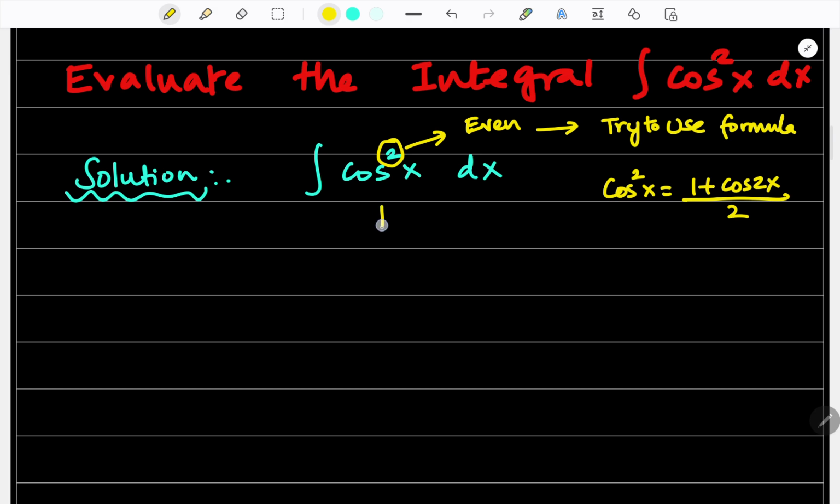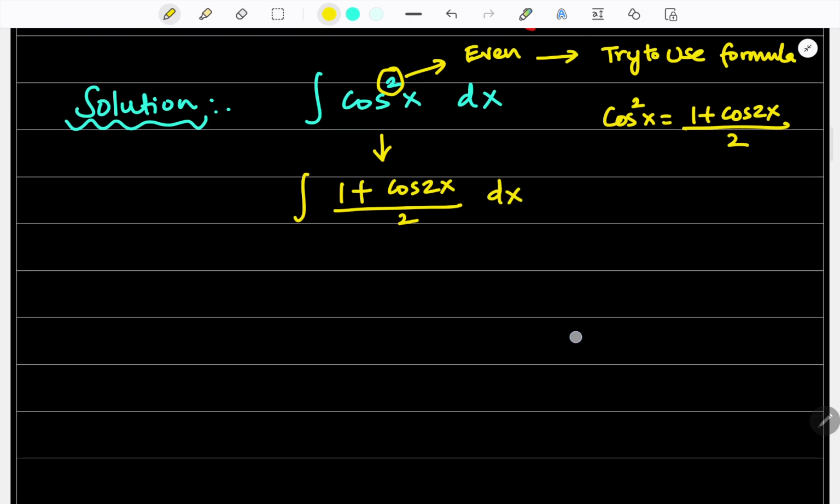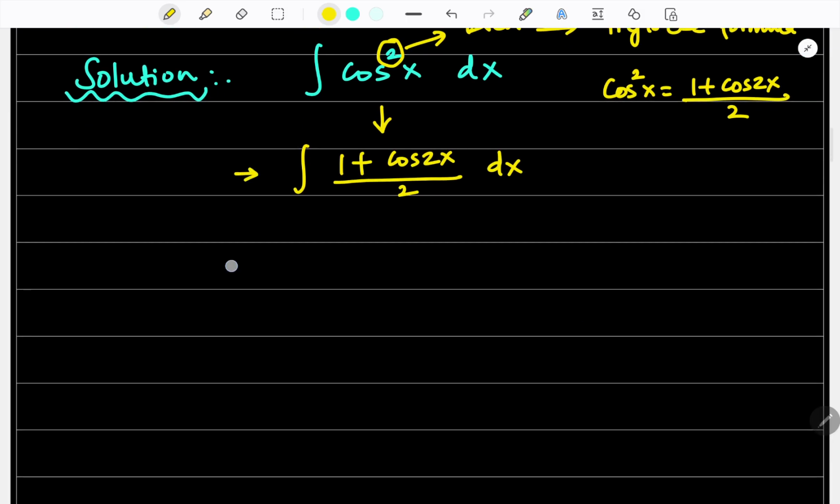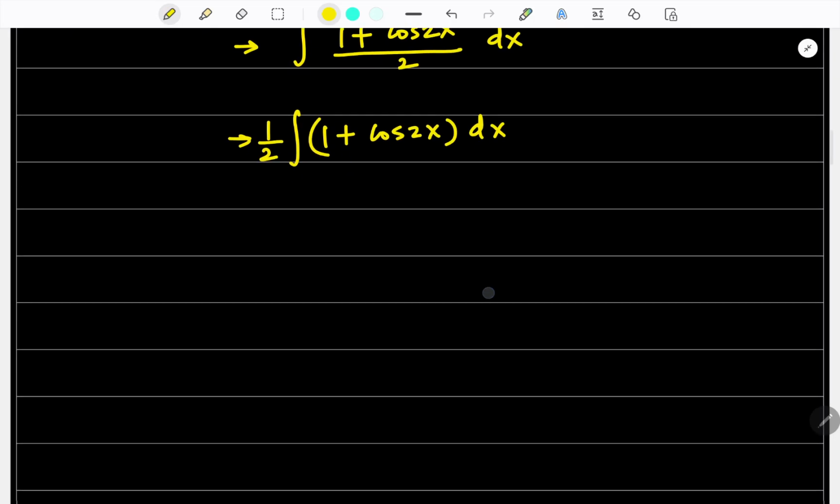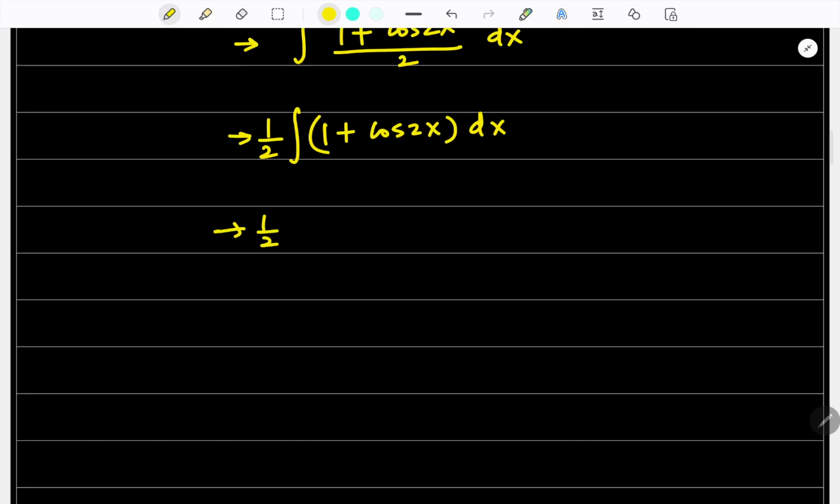So this I can write as the integral of (1 plus cos2x) divided by 2 dx. It is an even power, so I'm using the formula. The 1 by 2 will come out, so the integral of (1 plus cos2x) dx. This equals 1 by 2. What is the integral of 1? x.